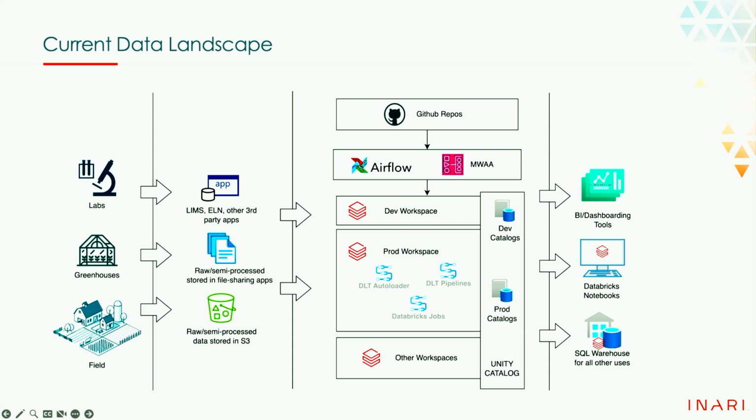They write to the dev and prod catalogs, and then it just seamlessly goes into BI and dashboarding tools. Again, we use Sigma for BI and dashboarding nowadays, and Databricks notebooks can directly get any of this data using Unity, and we have SQL warehouses and service principals for all other use cases.